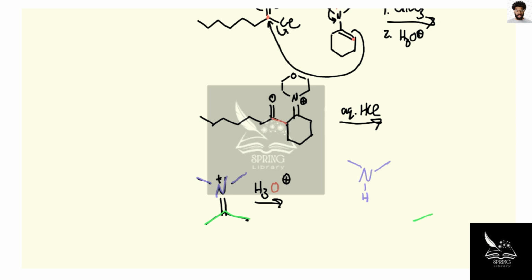And a carboxyl, in which we take the green portion of our aminium and give it a double bond to the oxygen from our aqueous acid, which I'm drawing here in red.